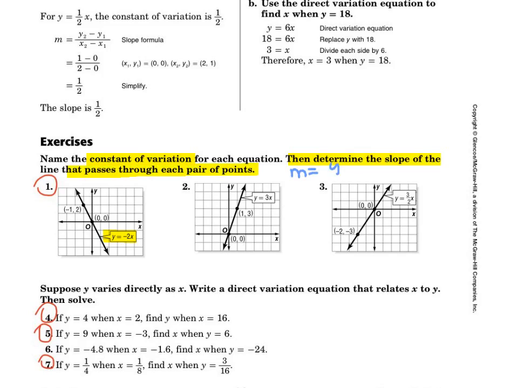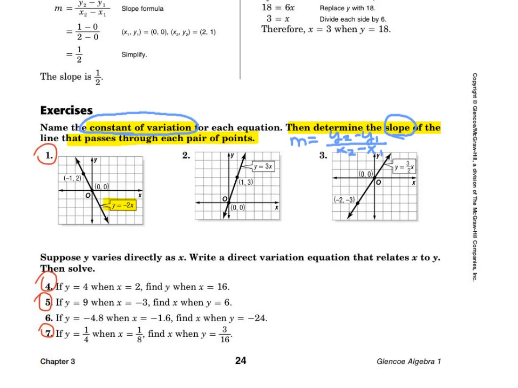M equals y2 minus y1 over x2 minus x1. So you have two answers here. For number 1, the constant of variation is one answer, and then the slope of the line is the other answer. We know that they're both going to be exactly the same number, but I want you to realize that it is the same number by doing this exercise.